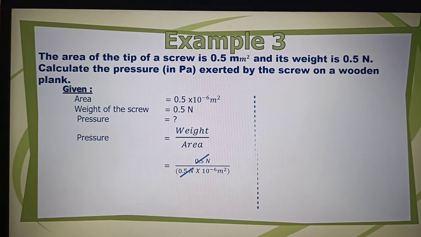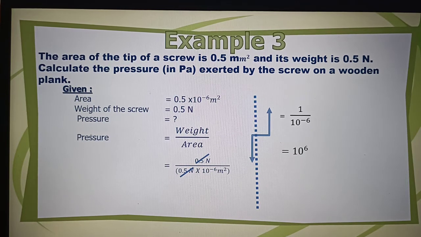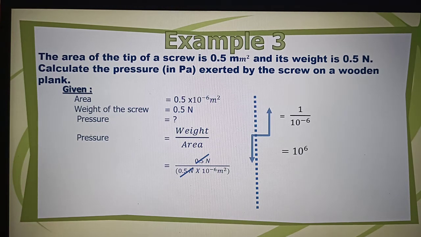Now the remaining is 1 upon 10 raised to minus 6. So as we have learned in that maths subject, that is the concept of indices, if any index is negative, when it comes to the numerator, it becomes positive. That is here 10 raised to minus 6.